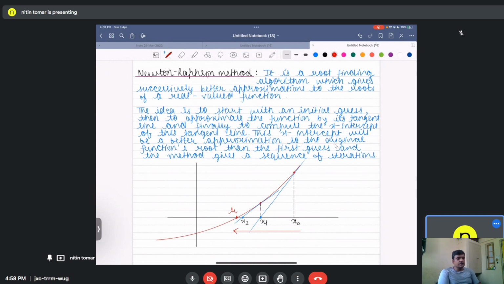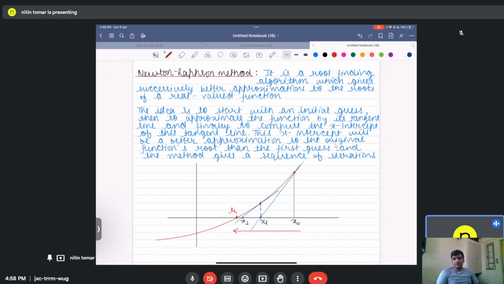So unlike secant method, Newton-Raphson method just needs one approximation to start with. Whereas in secant method, in the formula you don't require f dash, that is f prime, for Newton-Raphson method we'll assume that f is at least once differentiable.